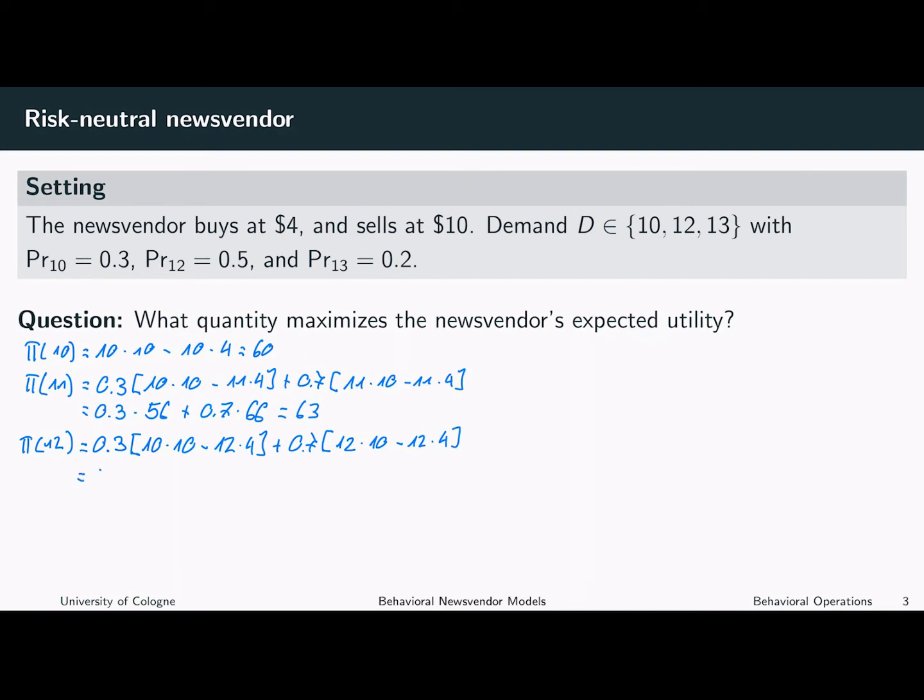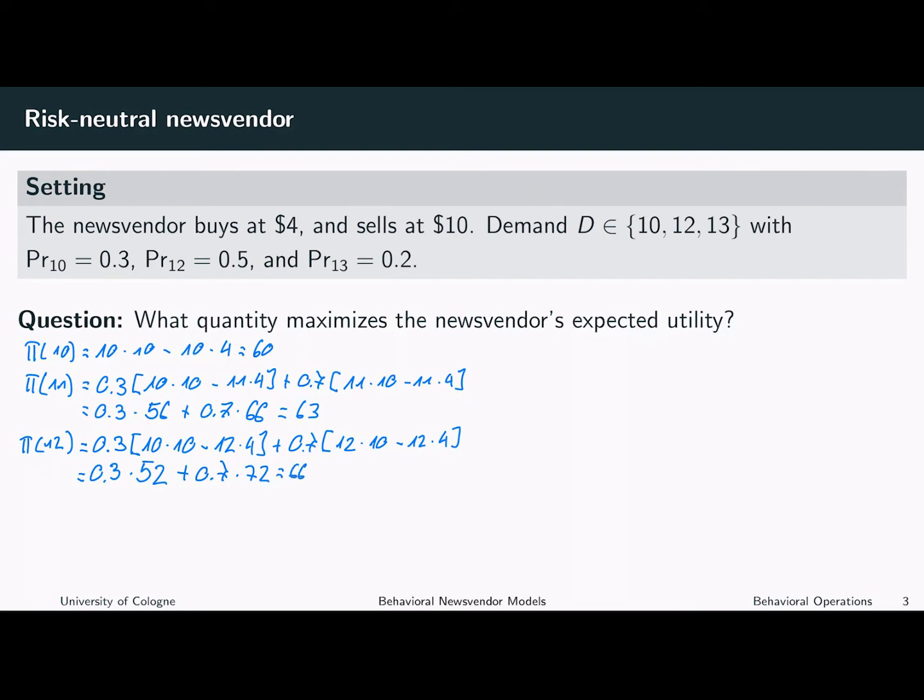So in this case, we have 0.3 times 100 minus 48, which is 52, plus 0.7 times 120 minus 48, which is 72. Calculating it, we get an expected profit of 66.